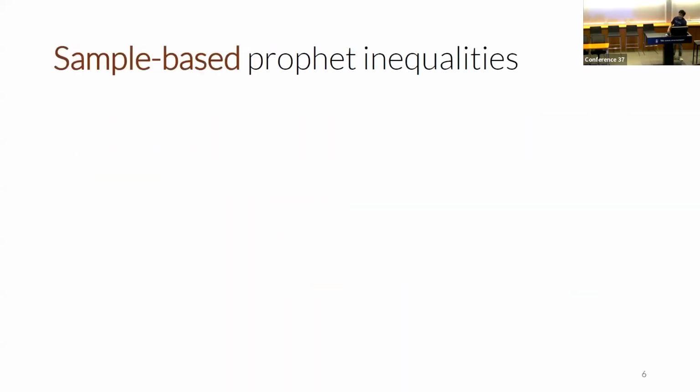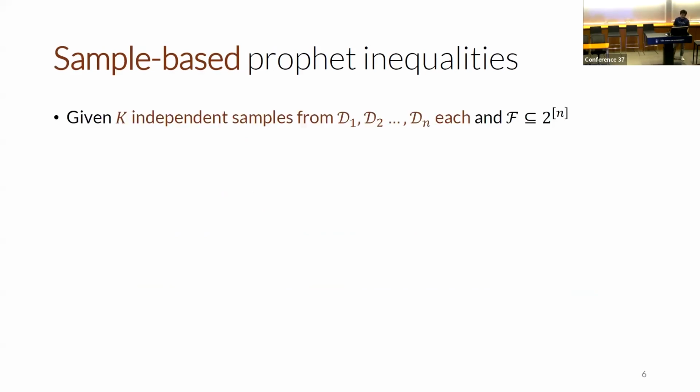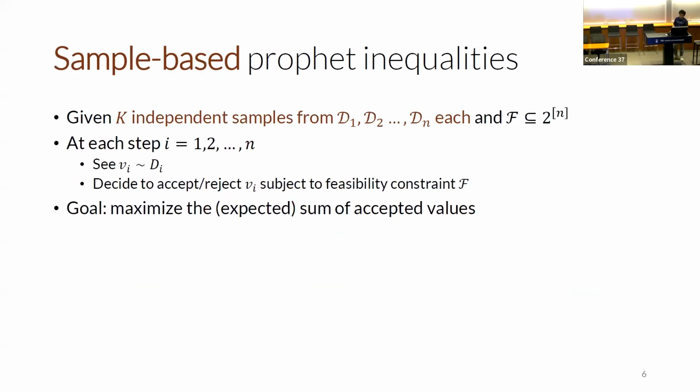So this makes us wonder: if the full information of the distributions is not available, but we only have sample access to those distributions, can we get a similar performance guarantee? Specifically, in this sample-based prophet inequality setting, we're given k independent samples from each distribution. And we want to ask what's the best we can do.